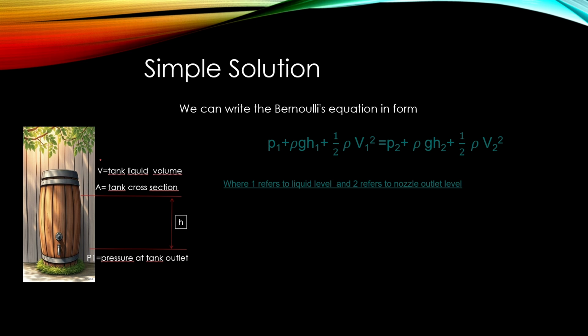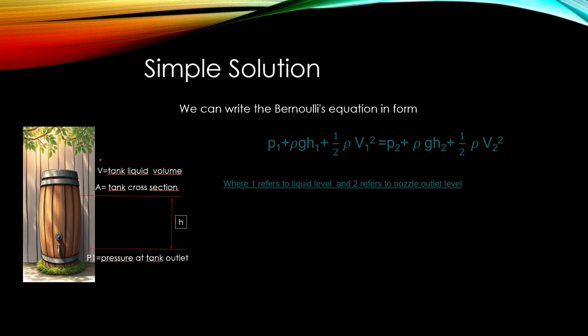And in this kind of case, when we have open tank and we are releasing water to environment, our static pressure P1 is the same as P2. So we can drop out those from this equation.